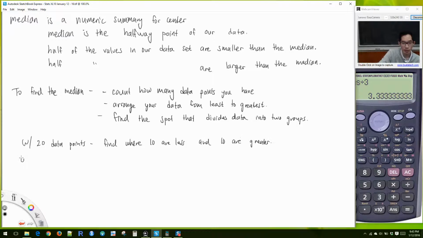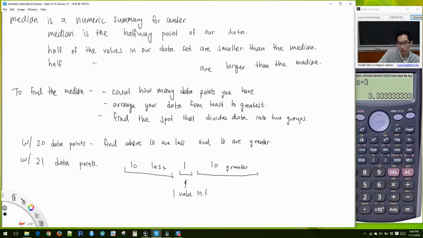Okay, and then with, so I'll say with 21 data points, then what you will have will be 10 less. You're going to have 10 more, or 10 greater, and then you got one value in the middle, and this value is the median.